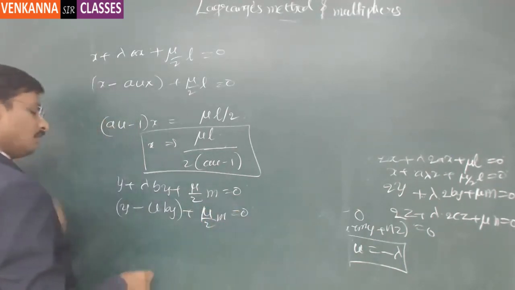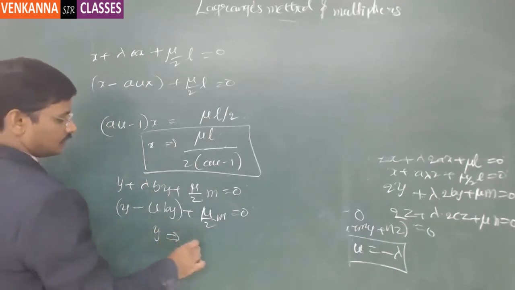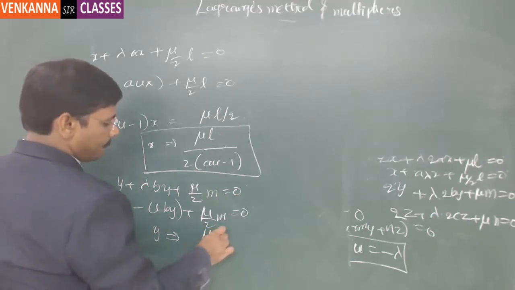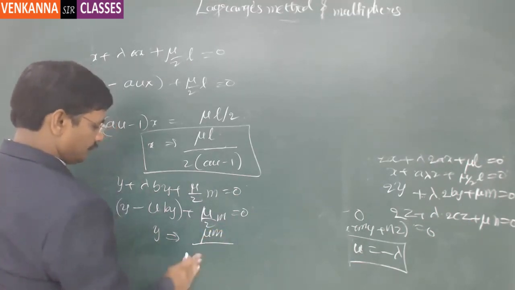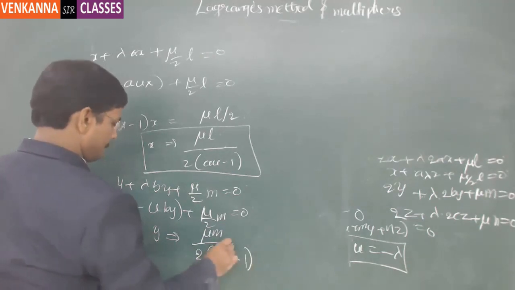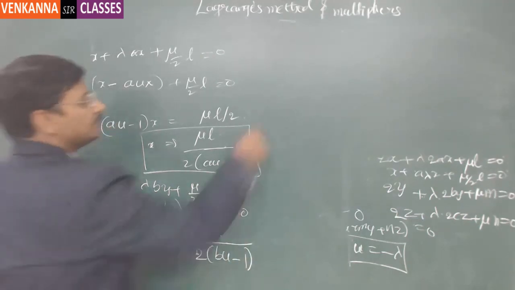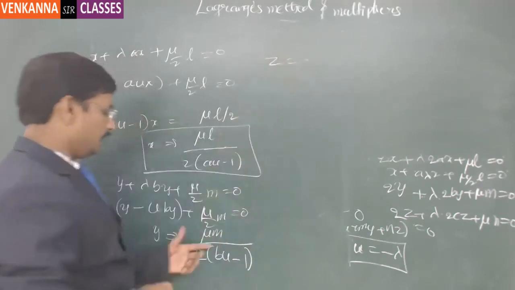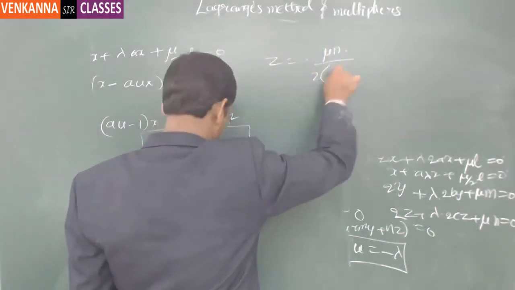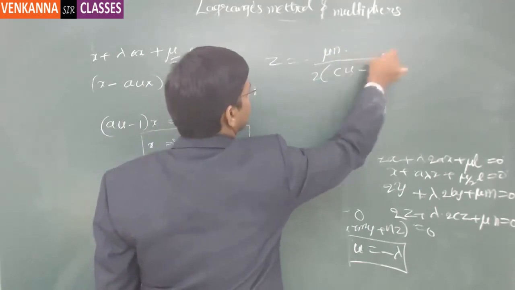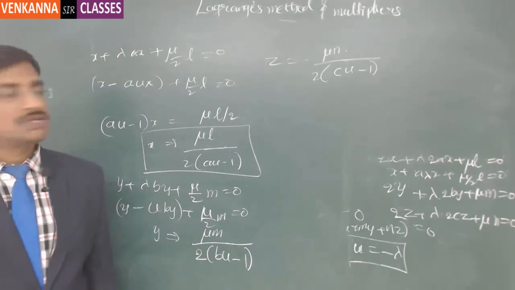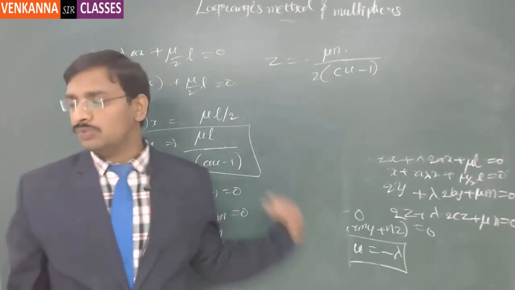It implies y value you can put as y is equal to mu m by 2 times of bu minus 1. Similarly, z is equal to mu n by 2 times of cu minus 1. So these are the values of x, y, z, which are nothing but the stationary values in terms of u. Got it?